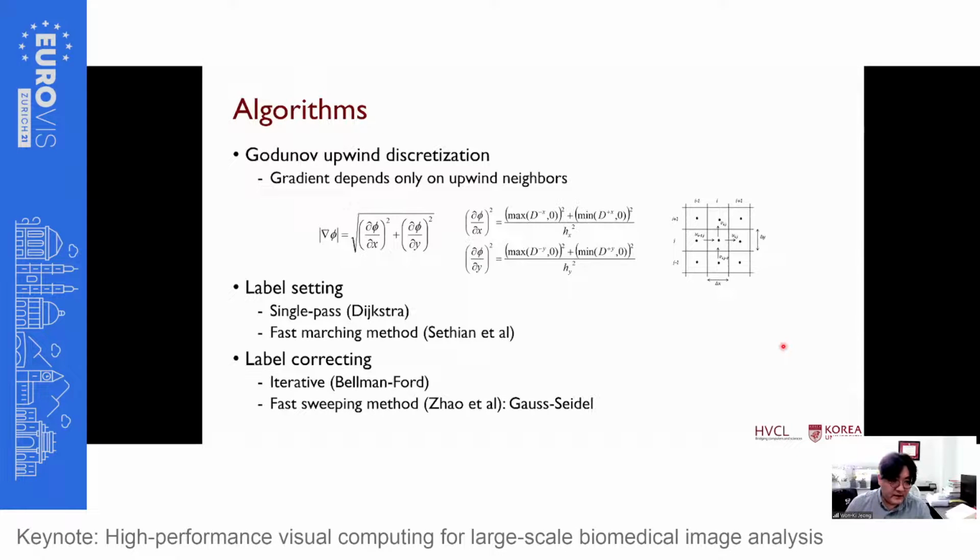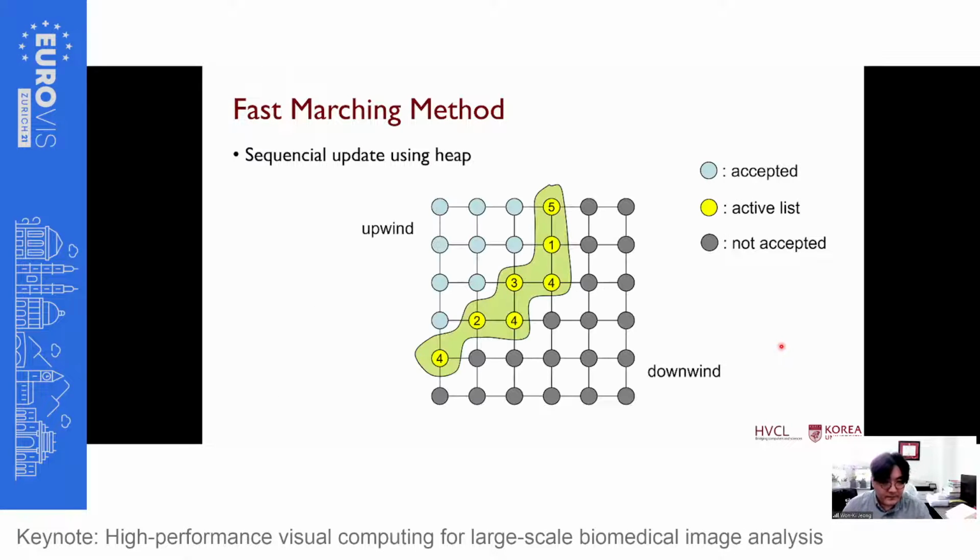Basically, this is the same as Dijkstra. We have three groups. One is the accepted region, which is upwind, the region where the wave has already passed through. And we have an intermediate region, the so-called active list, or I would say the heap.